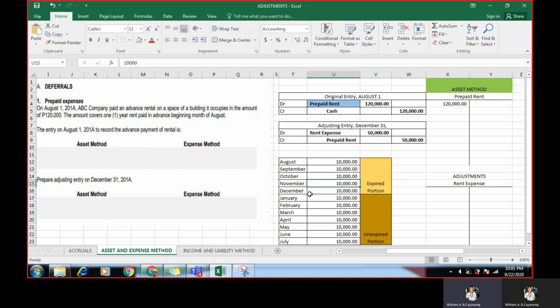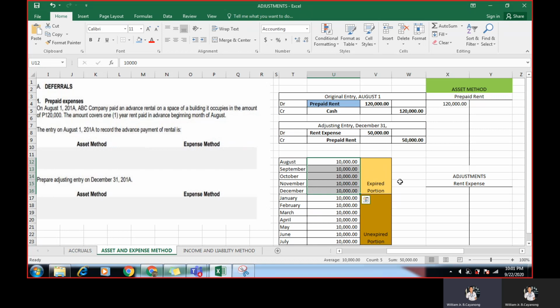Now, we only go up to December. So out of the prepaid 120,000, the expired portion is from August to December. That is the period that will become our expense.